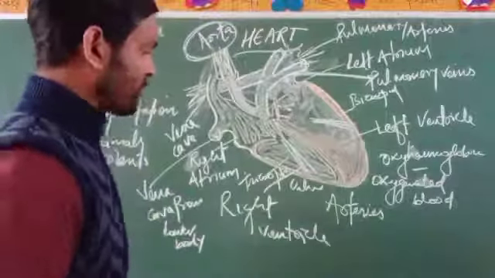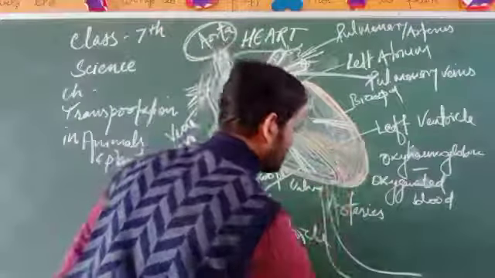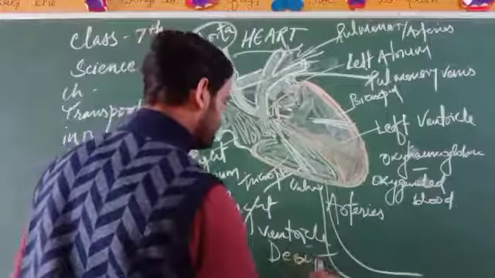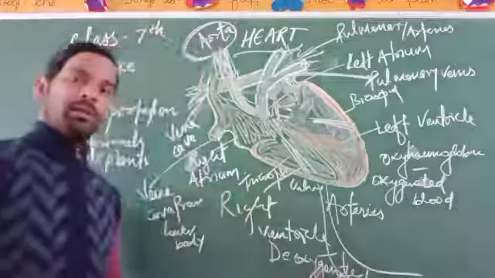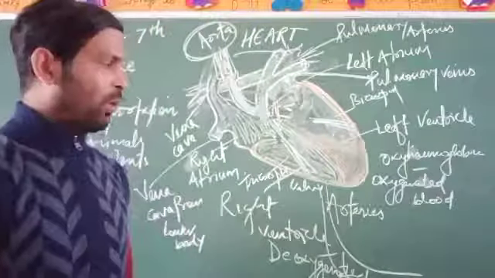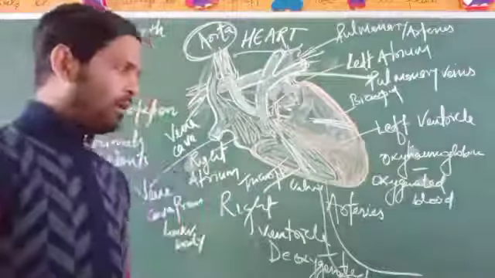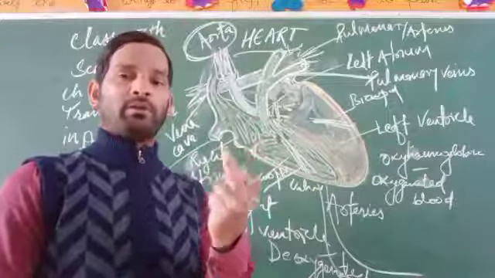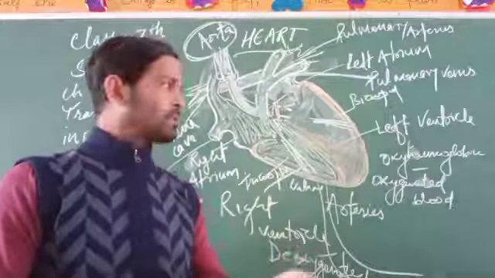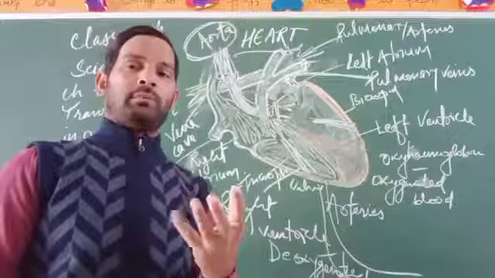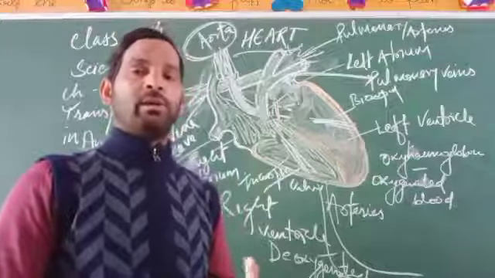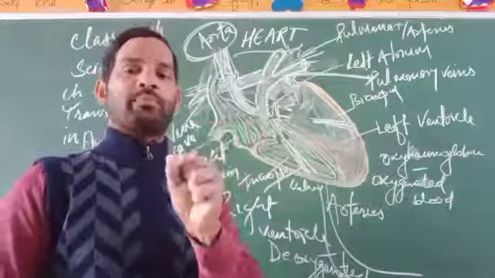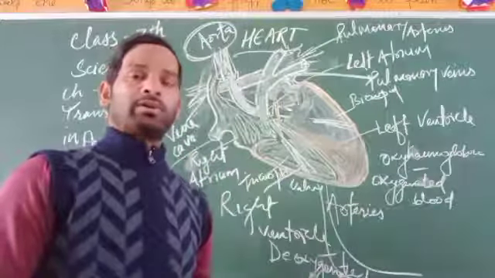Whenever the blood comes from the whole body, it becomes deoxygenated. Why is it called deoxygenated blood? Because the body absorbs the oxygen from the blood, and the carbon dioxide attaches to the hemoglobin. That is called deoxygenated blood.